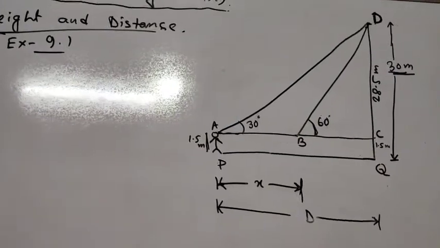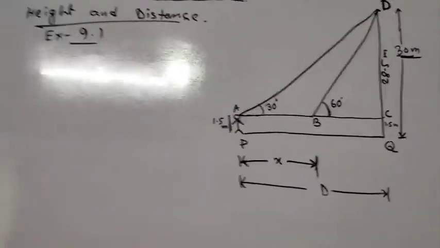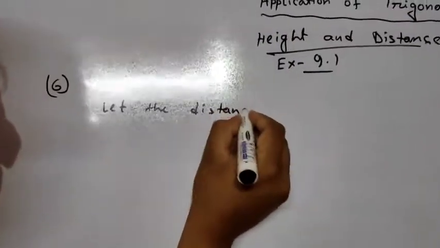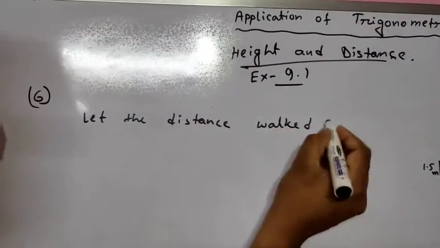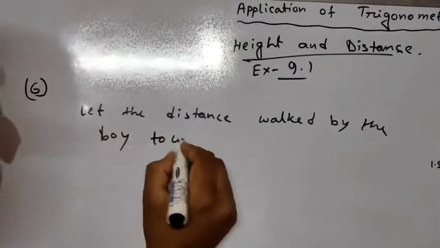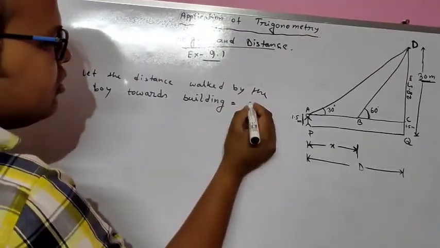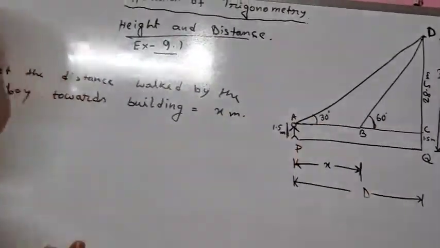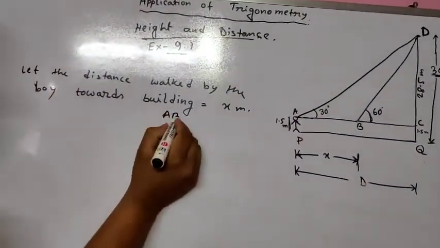So let's take the distance walked by the boy towards the building as x meter. We have assumed this distance AB as x meter.